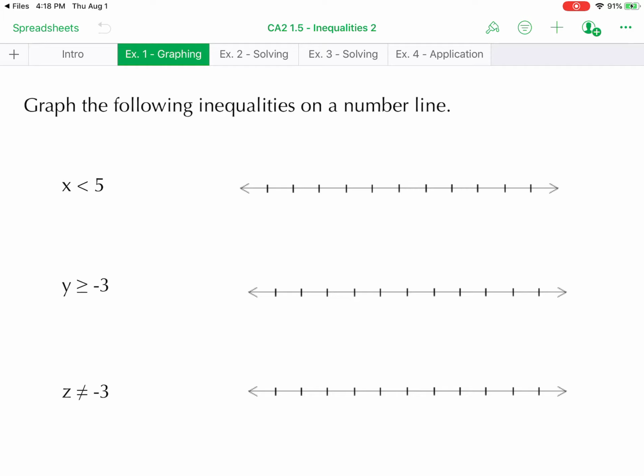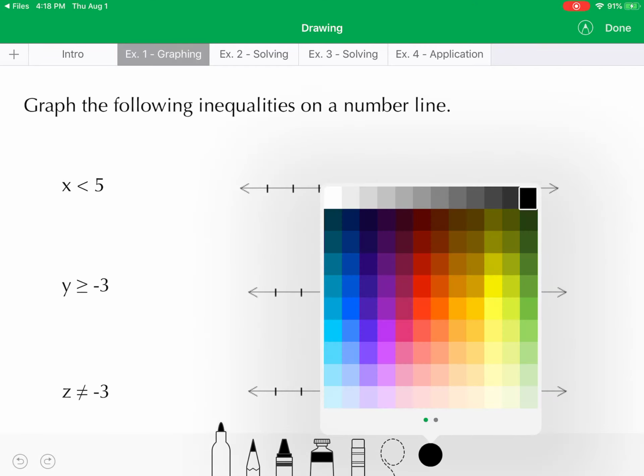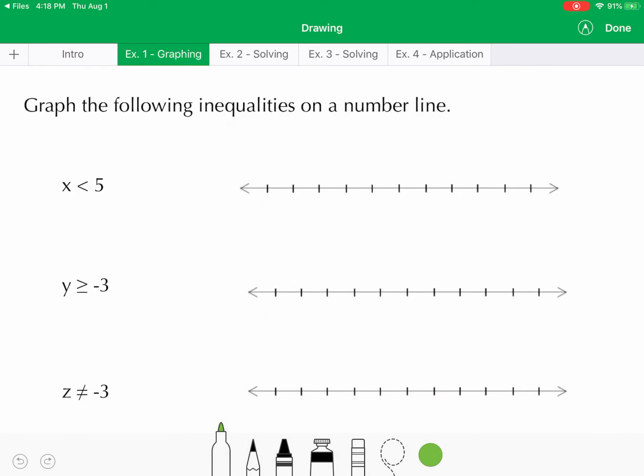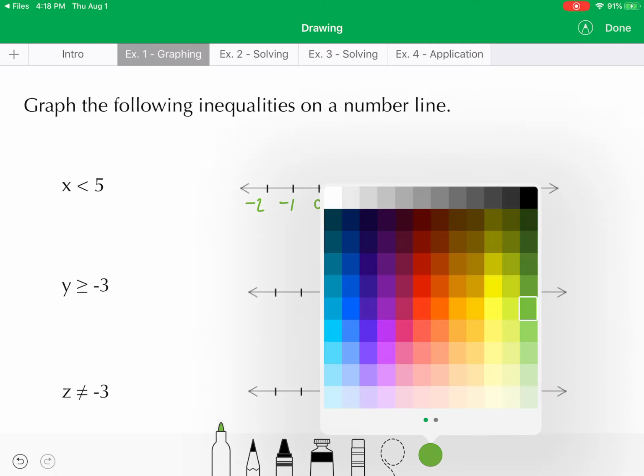Well, first let's label here. I'm going to make right here 0. 1, 2, 3, 4, 5. Throw some negatives in there. And if I want all numbers less than 5, that does not include the number 5, right?